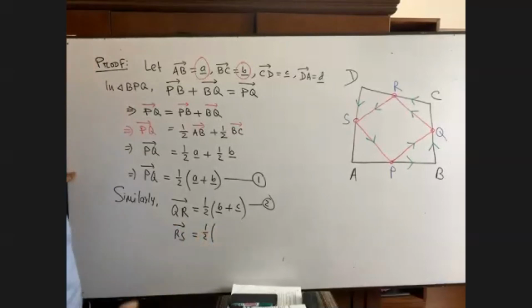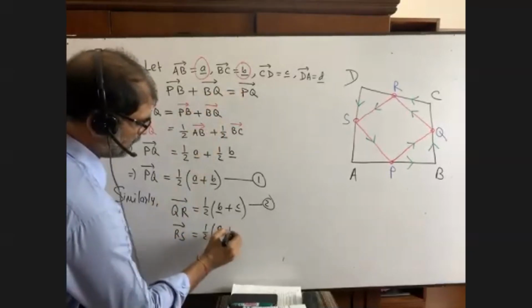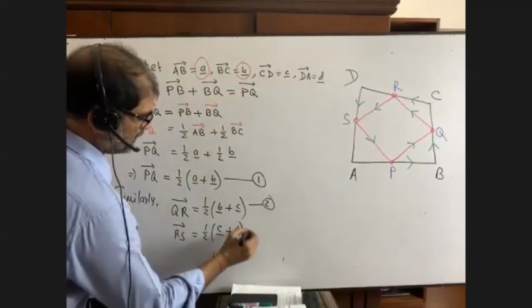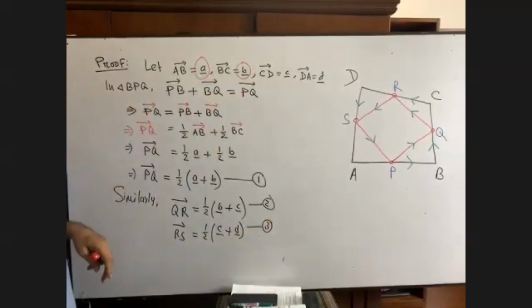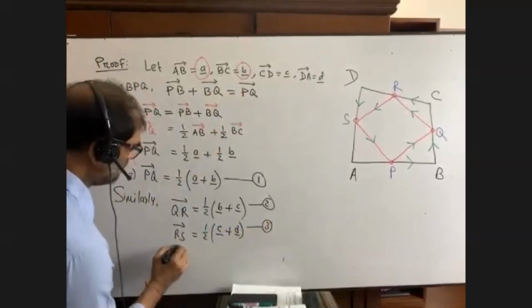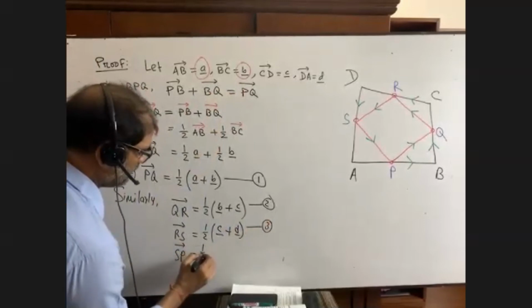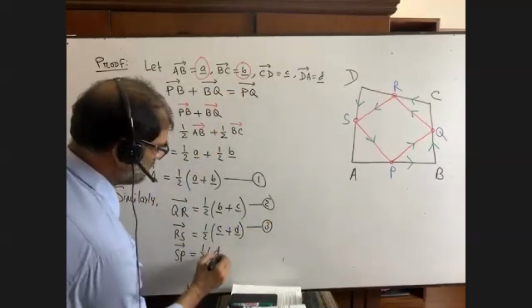Half of R means C and D, C plus D. Similarly, we can write down SP equals to what? Half of D plus A.